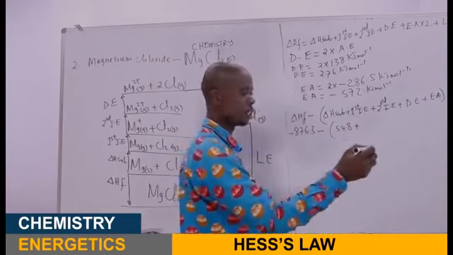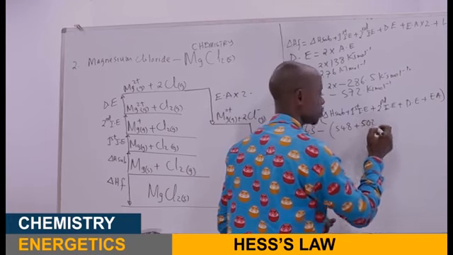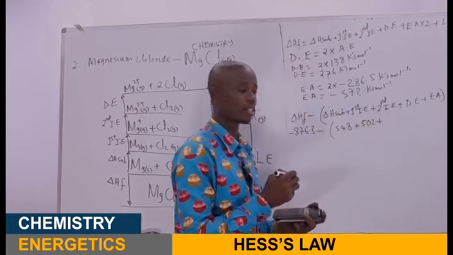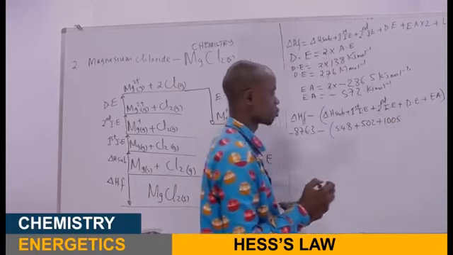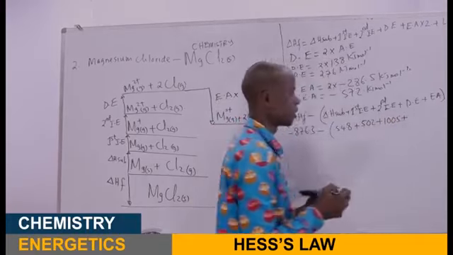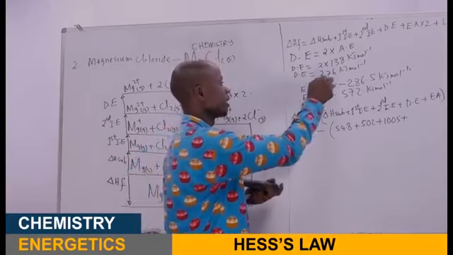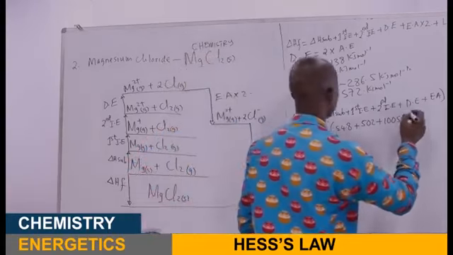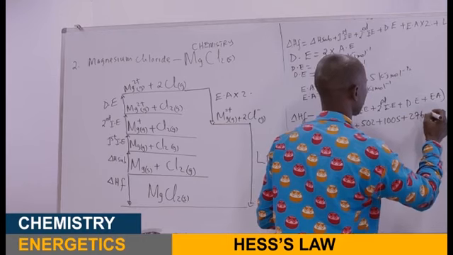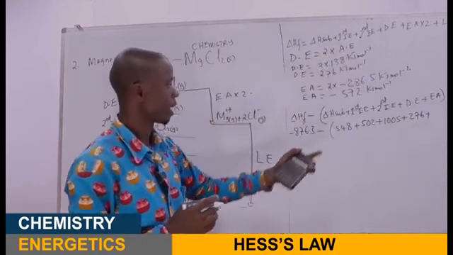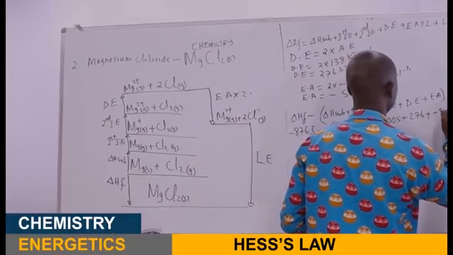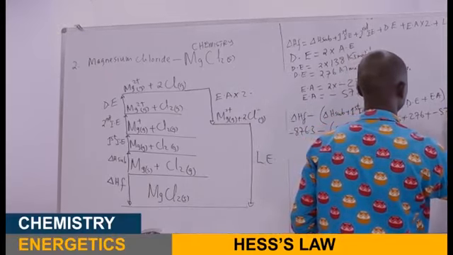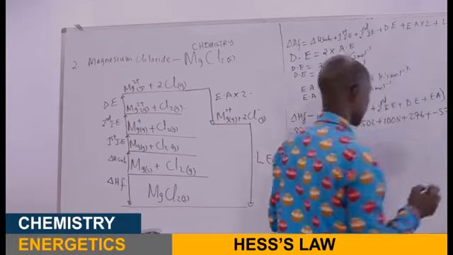First ionization energy, 502, plus second ionization energy, 1005 kilojoules per mole, plus dissociation energy, you have already calculated here, it is 276, plus electron affinity, you have already calculated here, is negative 572 kilojoules per mole, is equal to lattice energy.